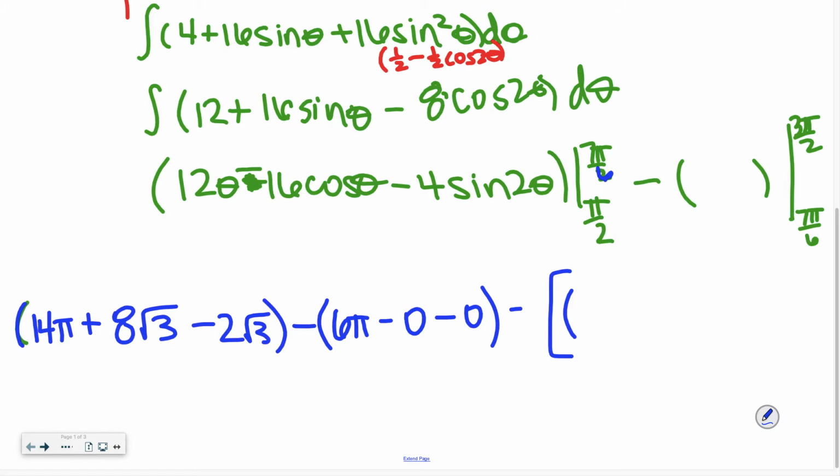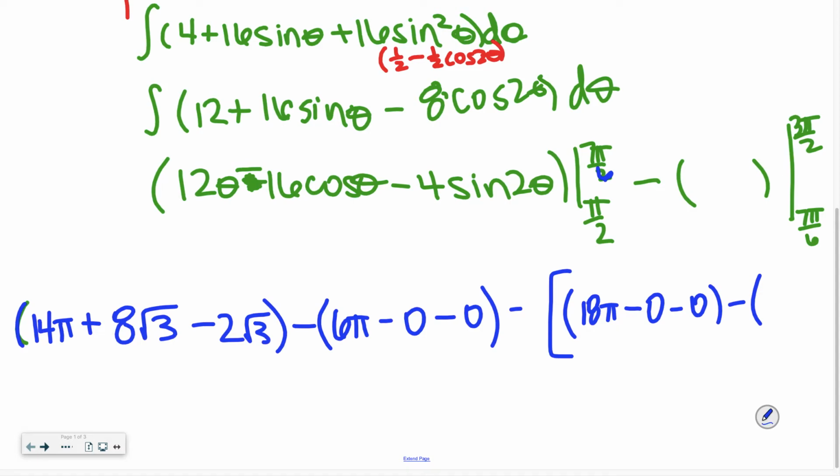Okay, when we plug in 3 pi over 2, what's 12 times 3 divided by 2? 18 pi, minus 0 minus 0, right? At the beginning, it's 0, 0.